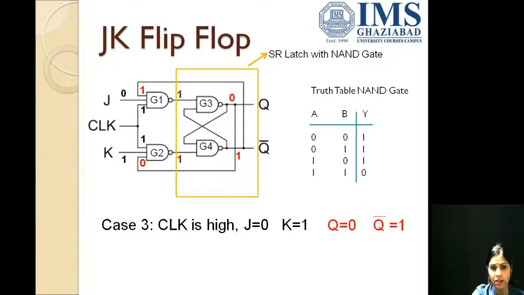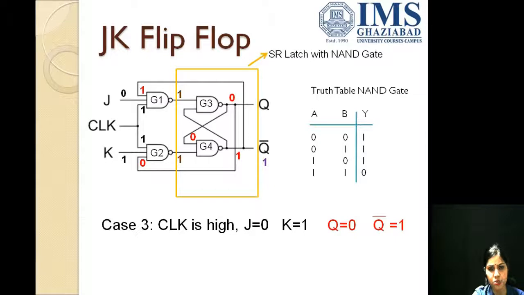Now here the previous output from Q, which is 0, moves as an input for G4 NAND gate. G4 NAND gate has two inputs 0 and 1, thus resulting in an output of 1, that is Q bar.